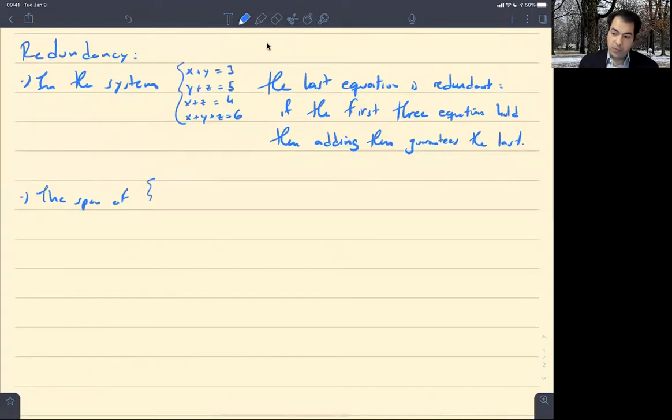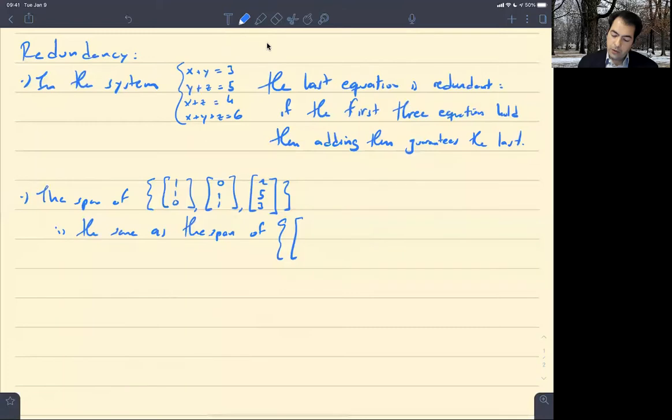Let's say I'm looking at the span of the vectors (1, 1, 0), (0, 1, 1), and (2, 5, 3). So this is the same as the span of (1, 1, 0), (0, 1, 1), right?